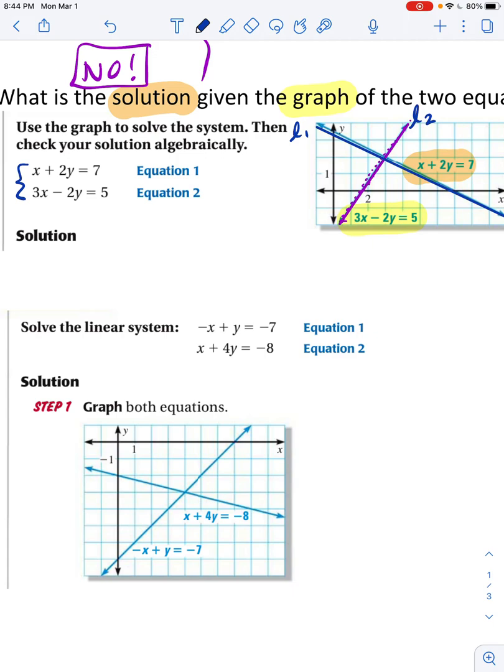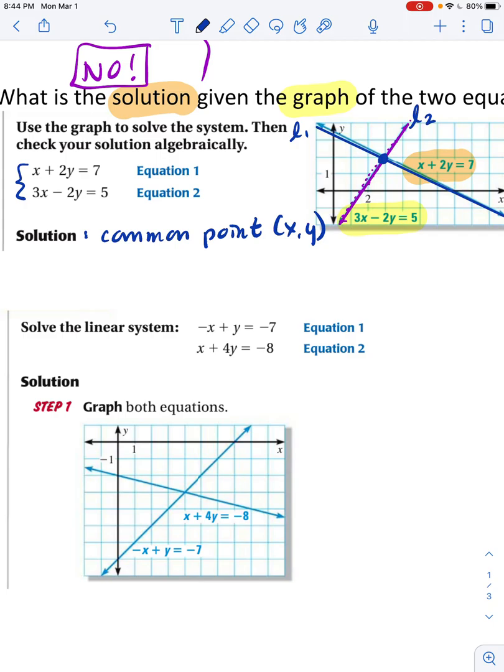So when you're looking for a solution, you're going to be looking for their common point, their point of intersection, where they cross, however you want to think about that. And so it's going to be an x and a y, and it's going to be the one they share, because that one works for line 1 and that one works for line 2 as well.